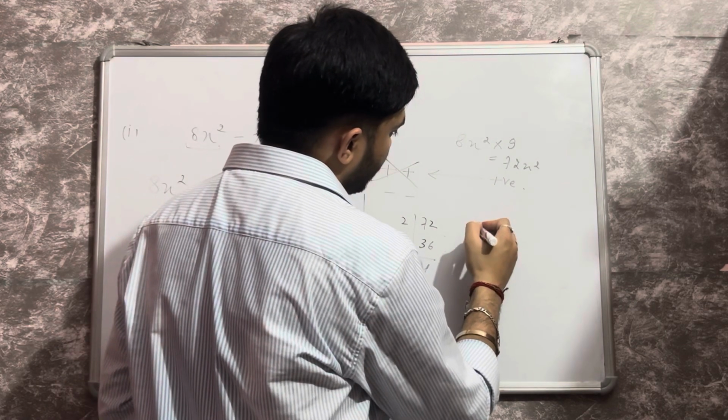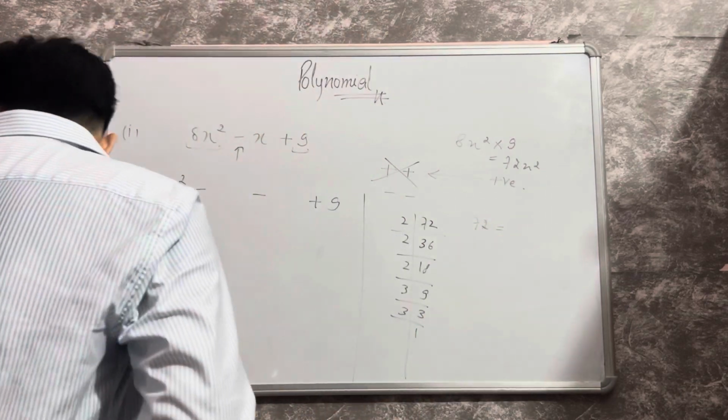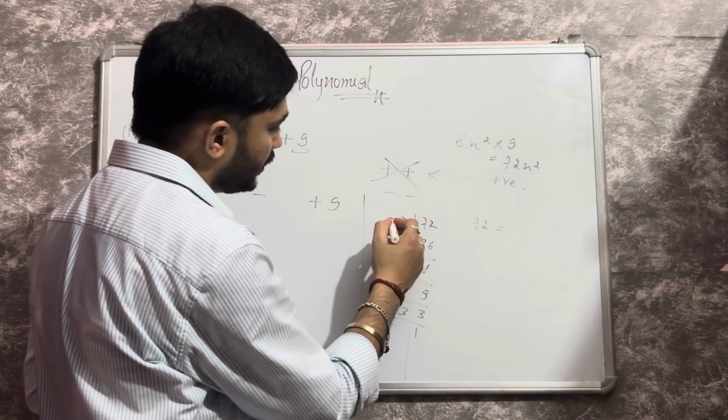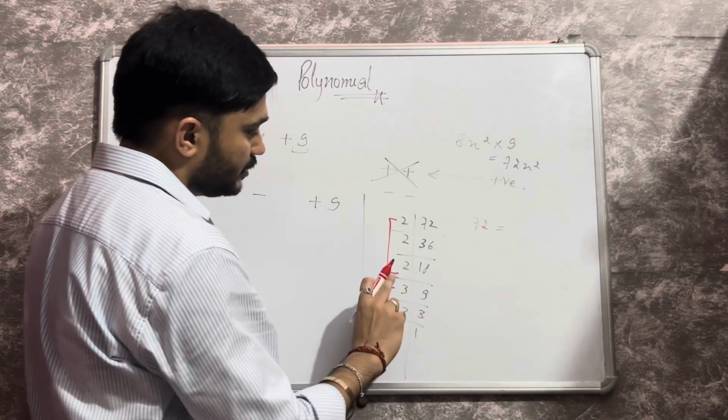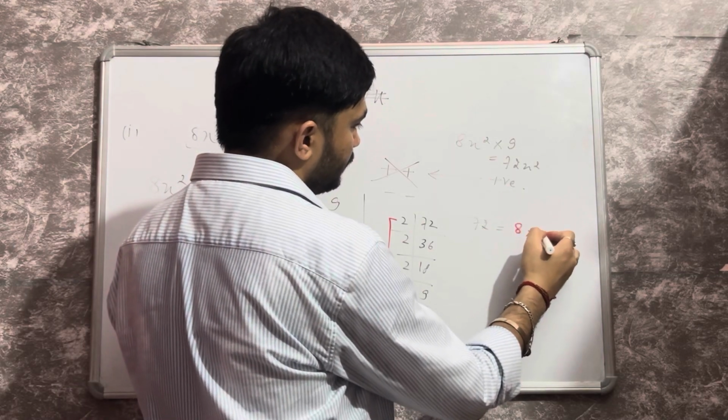Now we have to write this 72 as a pair of two numbers. Take the two numbers. What are we going to have? Firstly, take 3 and these two numbers as they are. So it will be 8 into 9.